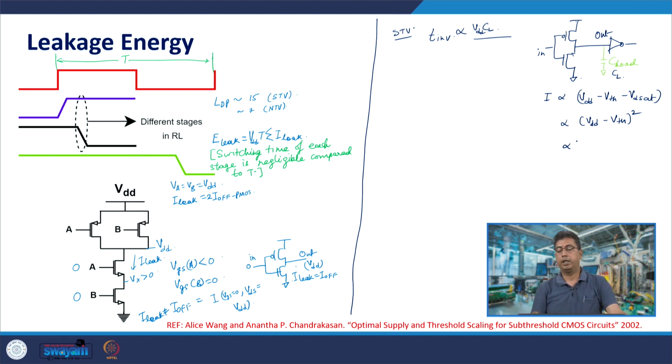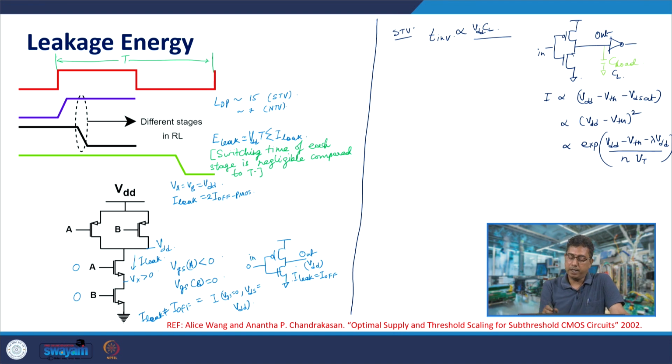We will discuss all that later. And in a near threshold or sub threshold regime, where the currents exponentially change with VGS, this would be proportional to the exponential of VDD minus VTH minus some secondary effect because of the drain induced barrier lowering or short channel effects. So, again it would come out to be lambda VDD divided by slope factor into VT. We will discuss all these current equations in more detail later.